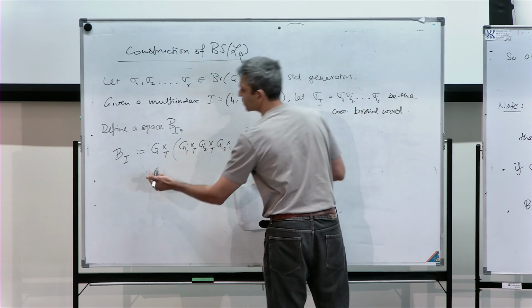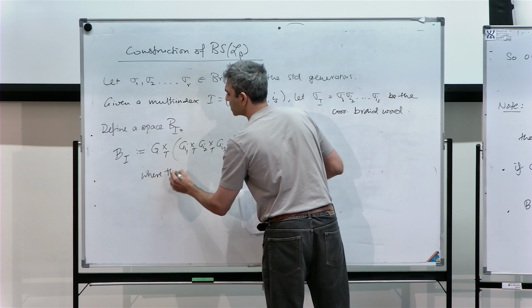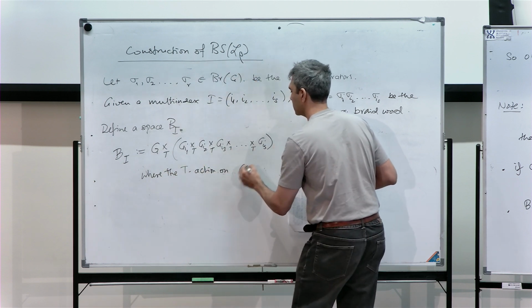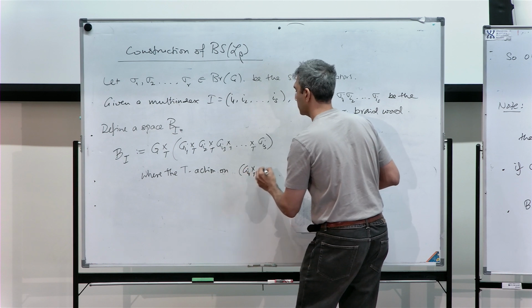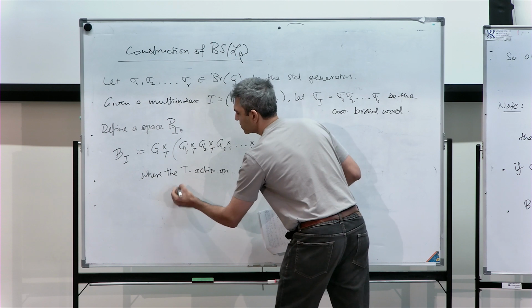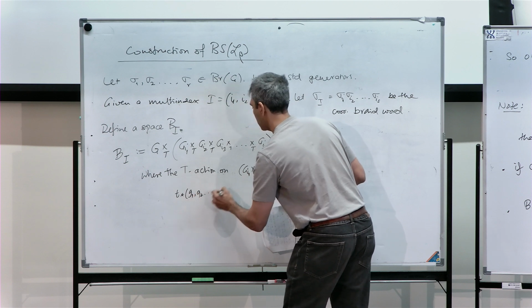There's also a T action outside, on G_I1 crossed over T through G_IS. Let me show you what it is. It's T acting on a tuple G1, G2, through GS.